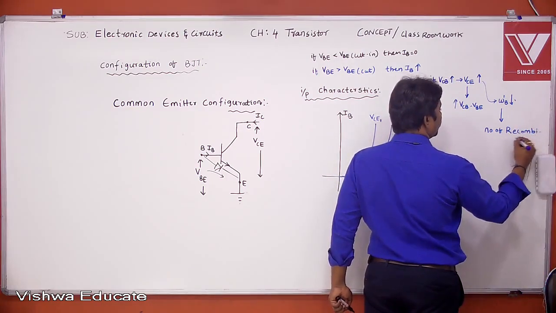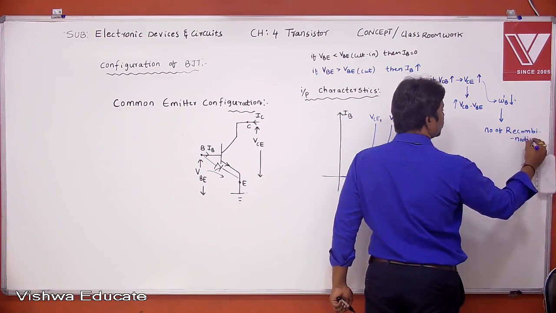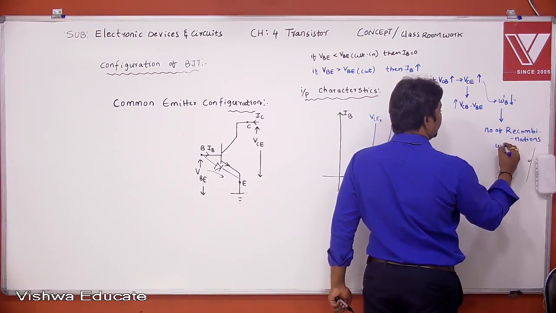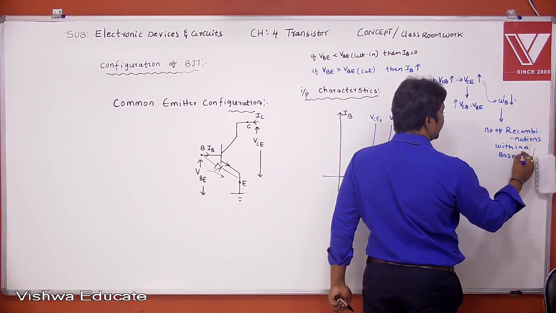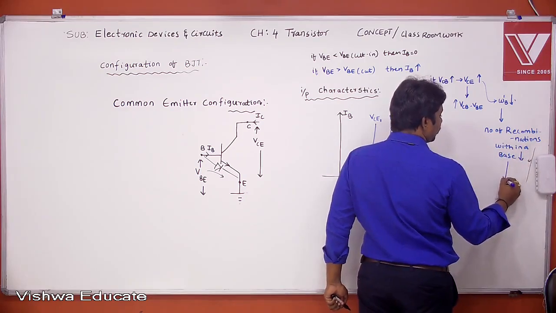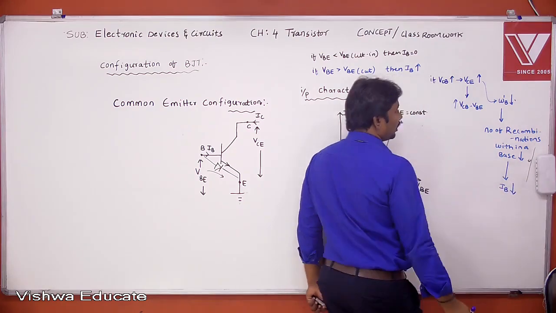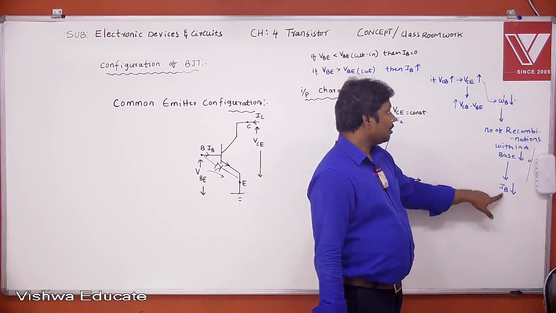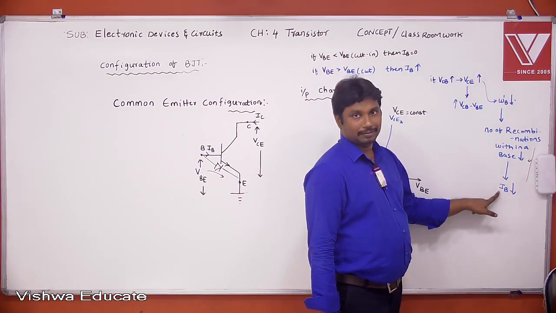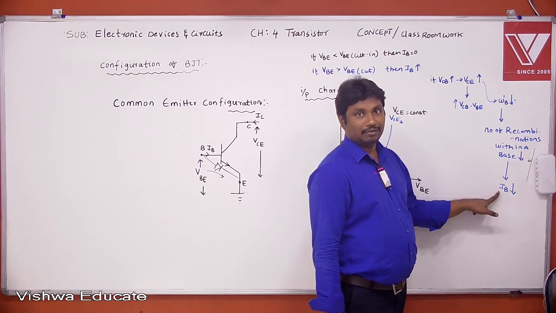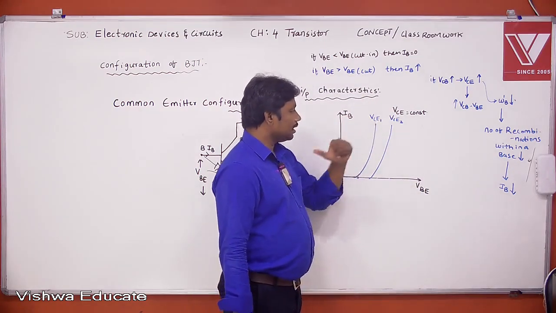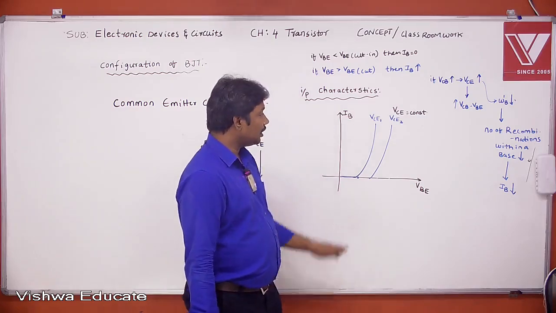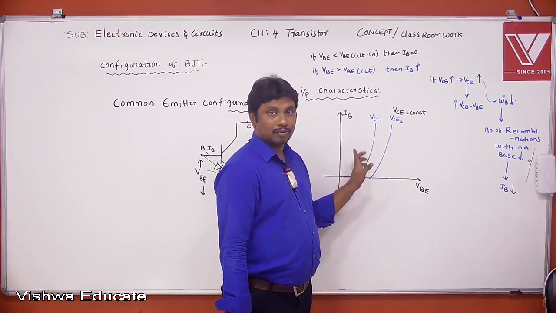The number of recombinations within the base decreases. If the number of recombinations within the base decreases, what should be the IB? Decreases. Now see here, that is how IB and VC are inversely related.